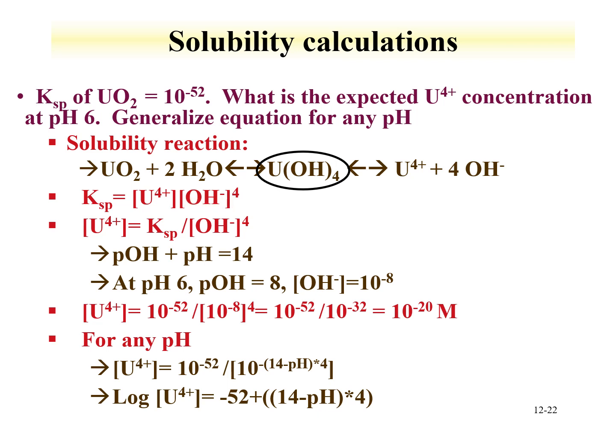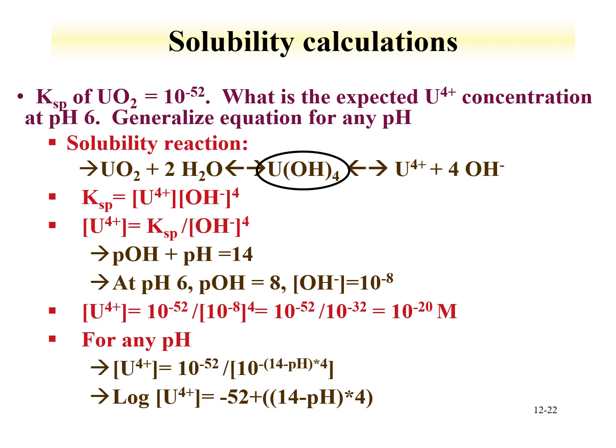So the amount of uranium-4 that I can calculate is just the KSP divided by the hydroxide concentration to the 4th. If I remember that the pOH plus pH is equal to 14, I can say that at pH 6, pOH is 8, so the hydroxide concentration is 10 to the minus 8. 10 to the minus 8 to the 4th is 10 to the minus 32. So the concentration of uranium-4 is 10 to the minus 52 divided by 10 to the minus 32. That's equal to 10 to the minus 20.